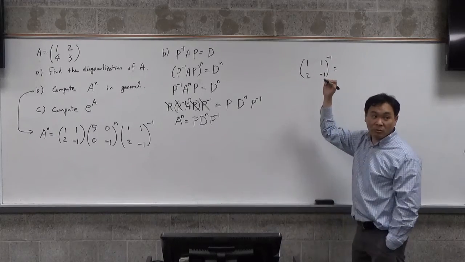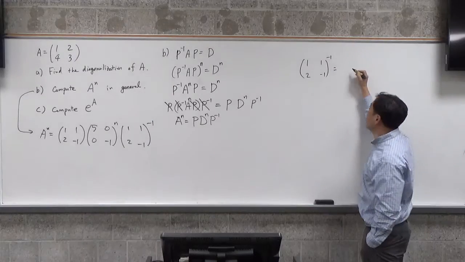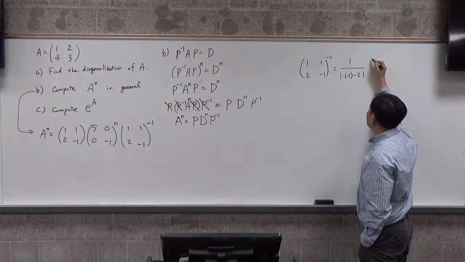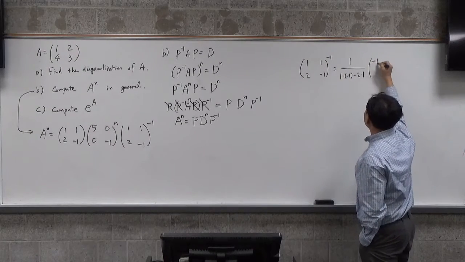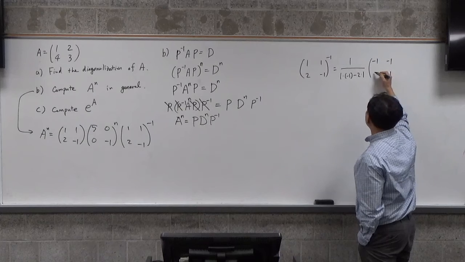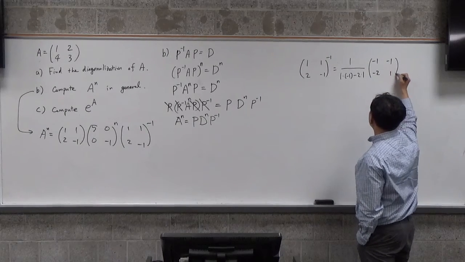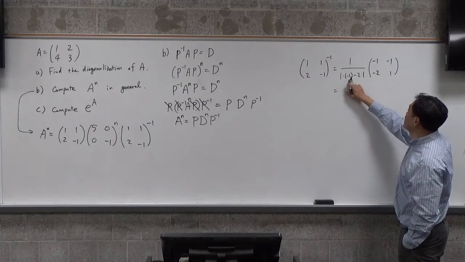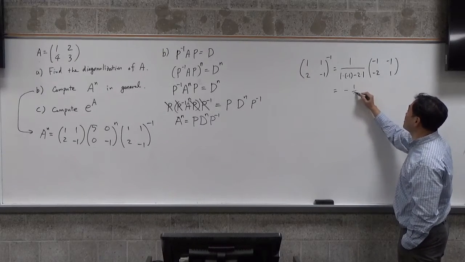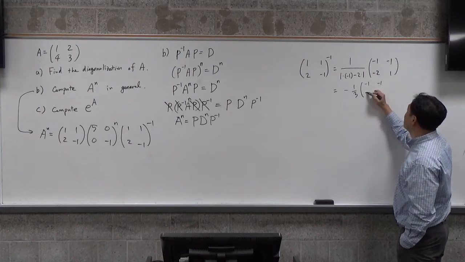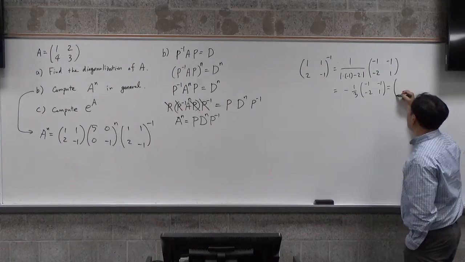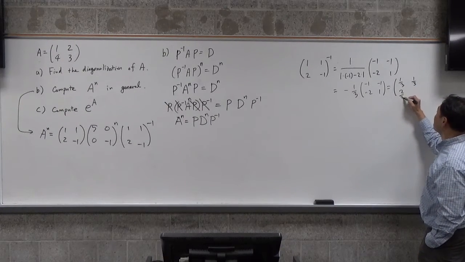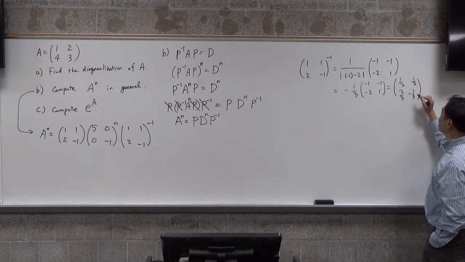So we use the formula for the inverse matrix, which is 1 over 1 times negative 1 minus 2 times 1. You switch these two around, you negate these two, and negative 1 minus 2 is negative 3. So it's going to be 1/3, 1/3, 2/3, negative 1/3. That's P inverse.